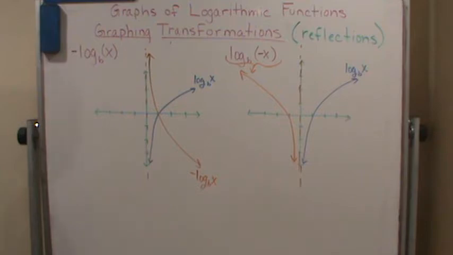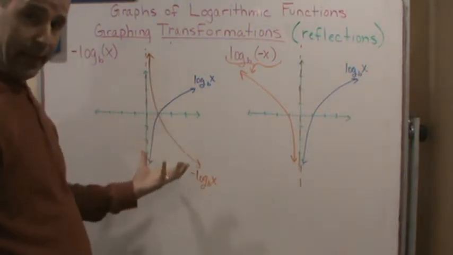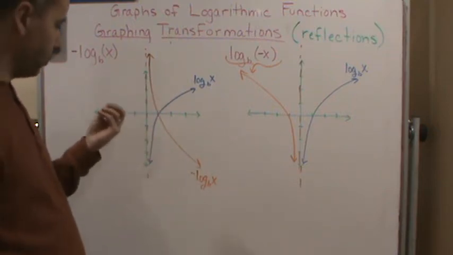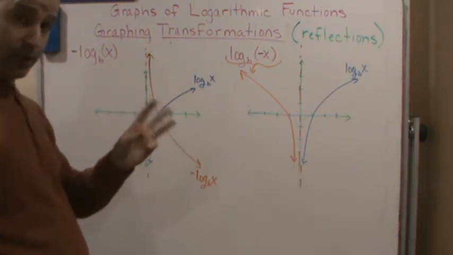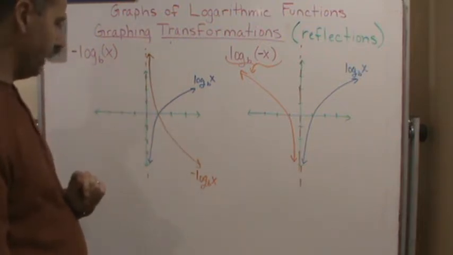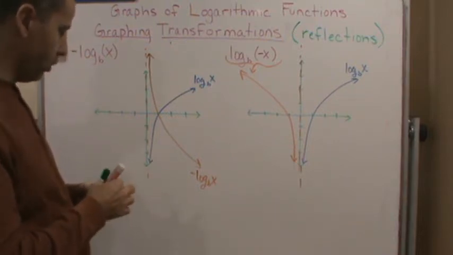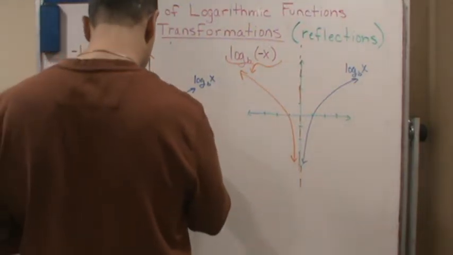Now, also keep in mind what happens here with the range, the domain, and the asymptote. Always keep that in mind. So what's going on? What's flipping? Where are the points going? The three important points that we plot, so I've got these points here.